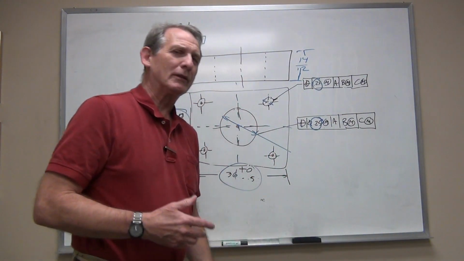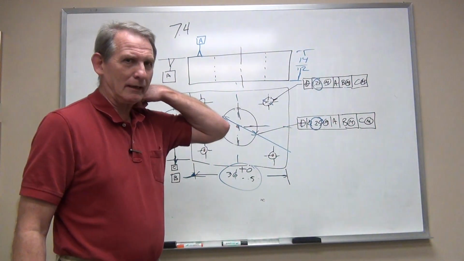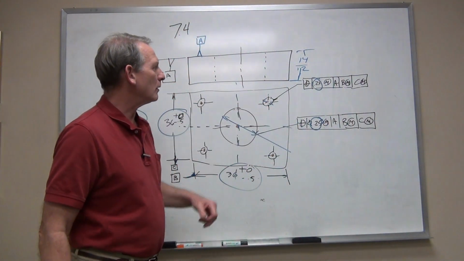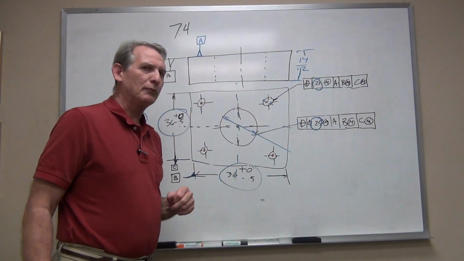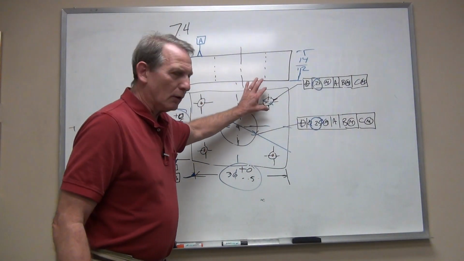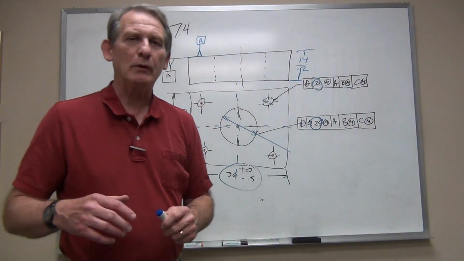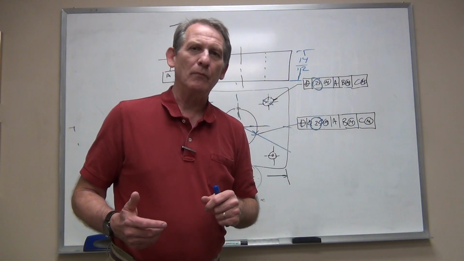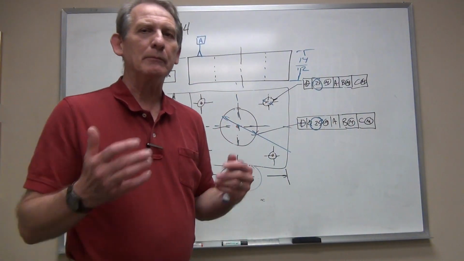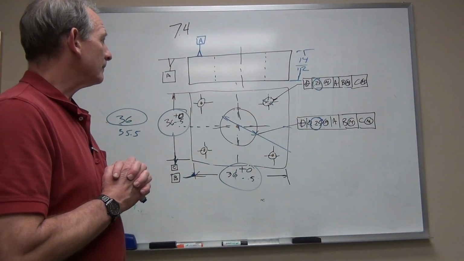Sometimes this is called bonus tolerance. I don't really like that term, but it's kind of true, is that if you want to play with these dimensions, for instance, if this hole is a little bit out of position, you have the option of increasing the hole size or thinning down the block, and in each one of those cases, what was originally a part that was out of spec or a hole that was out of spec can be moved into acceptance, and that's a neat feature.